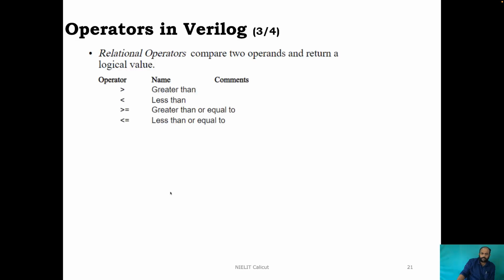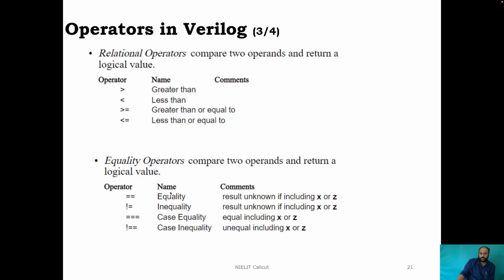Similarly, there are relational operators like greater than or equal to, less than or equal to, and so on. Similarly, equality operators are there. The double equal to represents whether two numbers are equal or not. The exclamation mark plus equal to checks whether two numbers are unequal or not.